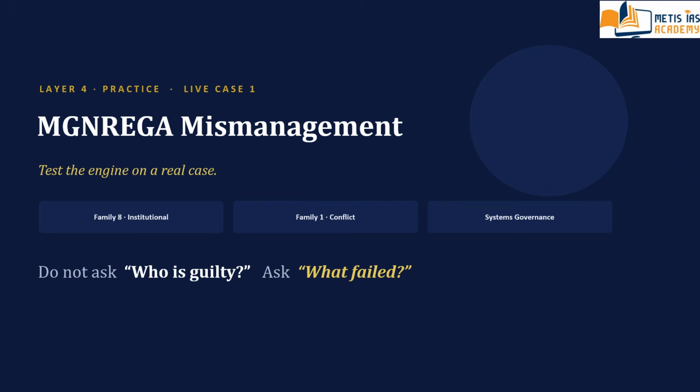We are going to learn and discuss two case studies which were asked in the 2025 previous year questions. The first case study here is the MGNREGA mismanagement case.